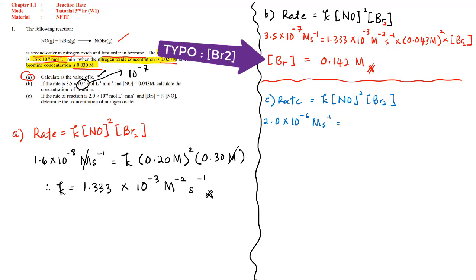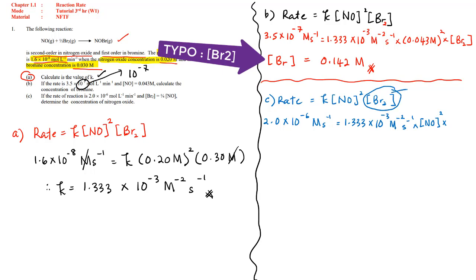And the rate constant is 1.333 times 10 to the power of negative 3 molar power of negative 2 per second times concentration of nitric oxide, power of 2, and times concentration of bromine.